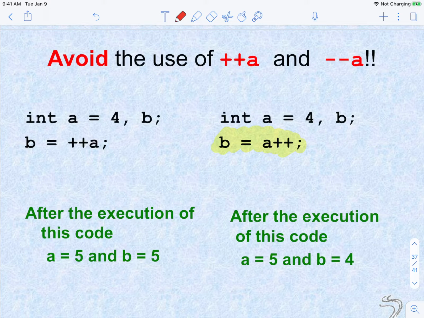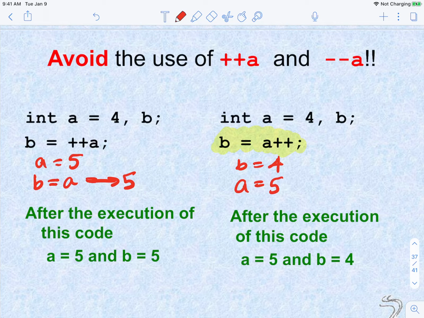Here's how the code does this. I'll start on this one. What happens? A becomes 5, and B becomes A, which is 5. Over here, B becomes 4 first, and then A increments itself to 5. So just note that difference. We're using the one that's highlighted, and the test will use that one as well.